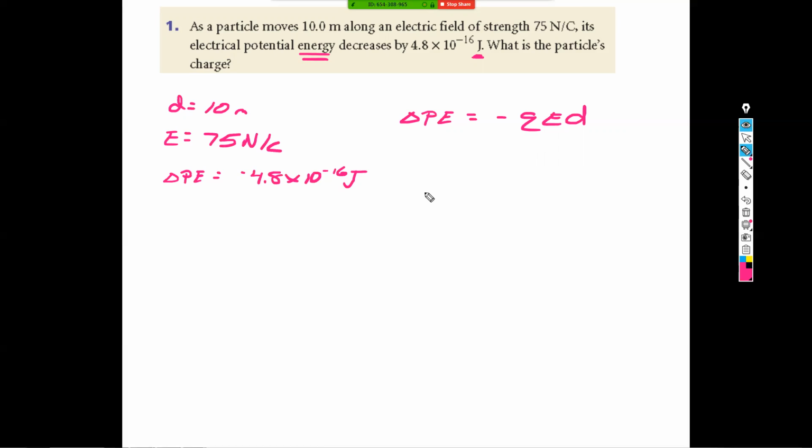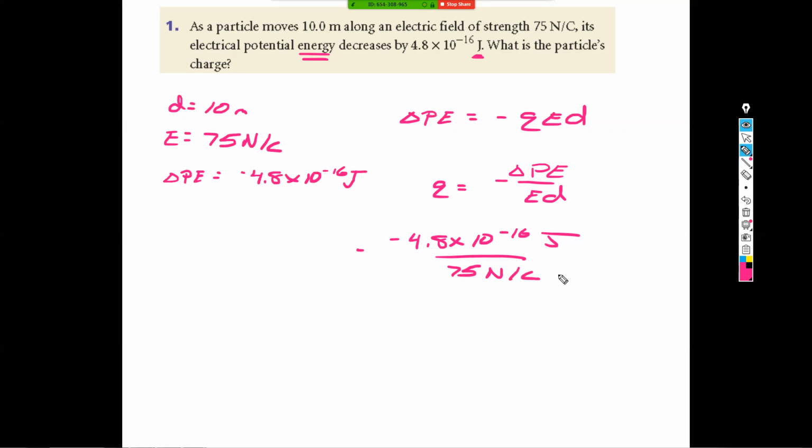I'll just do that straight out the gate here. Q equals negative change in potential energy, all over the electric field strength times the distance. So you're going to have negative 4.8 times 10 to the negative 16th joules, all over the electric field strength multiplied by the distance.